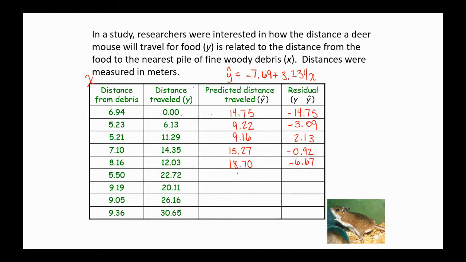Justine? 10.10. And then for the residual? 12.16. That's right. Okay. Isaiah? Okay.